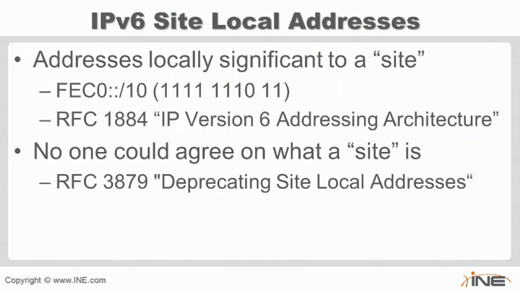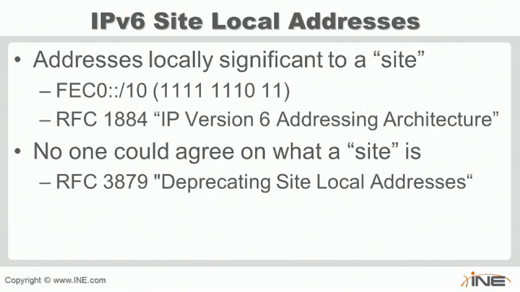It's been deprecated in a more recent RFC 3879, basically because nobody could agree on what the site definition actually was. So you could technically still use these addresses if you wanted to assign them from FEC0. They're not going to be publicly routable in the BGP table. So when a provider is accepting advertisements in, they should be filtering prefixes that would be in this range.